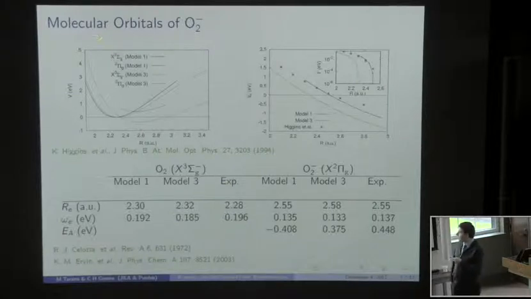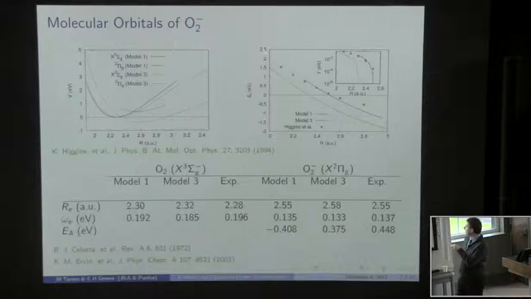And the use of these anionic orbitals does not perturb that much the other quantities that are essential for the nuclear dynamics, like the vibrational frequency or the relative position of the minima of the potential energy curves.